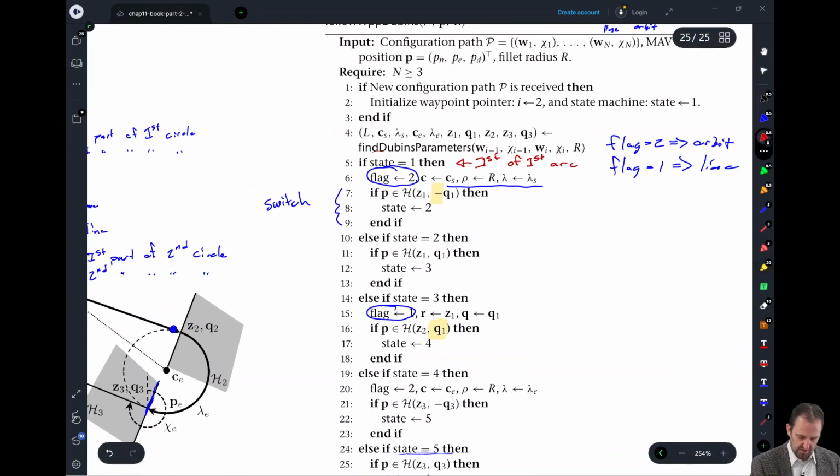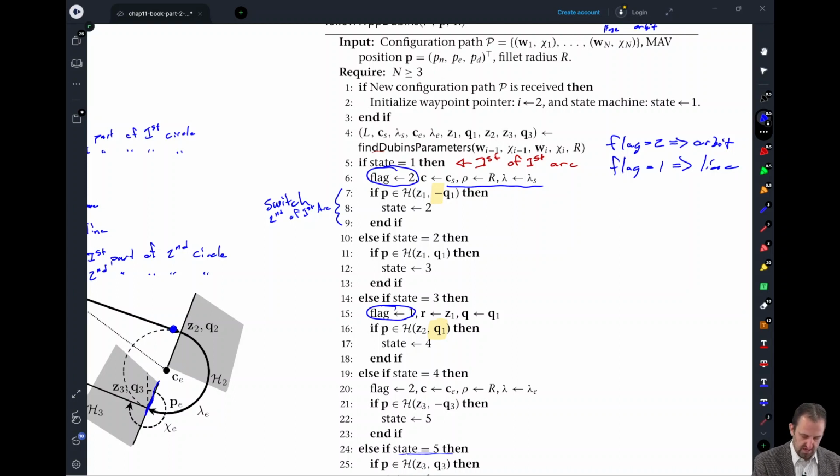So again, we come down here. We'll switch to, let me write this, second of the first circle, or first arc. Now we've switched, and we're still going to continue to execute the same orbit parameters.